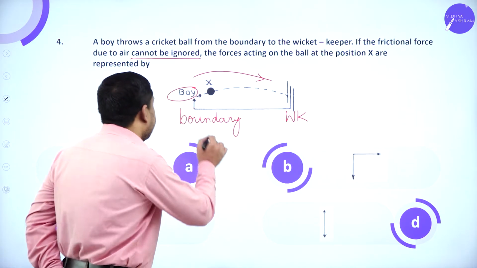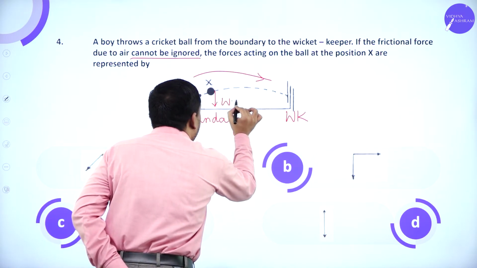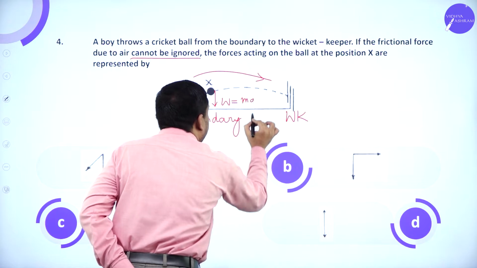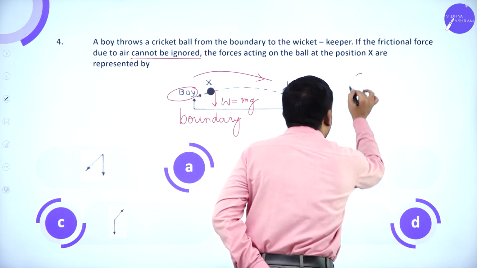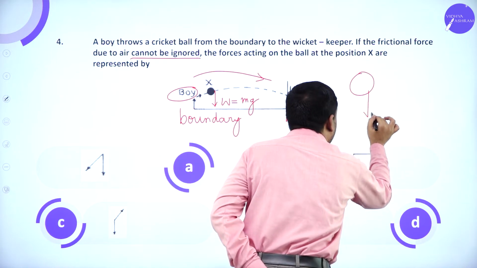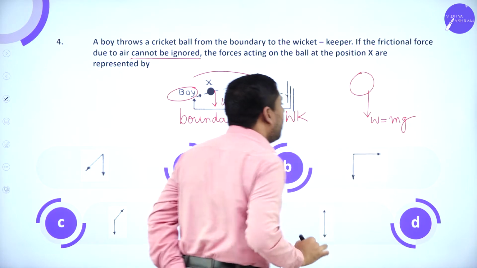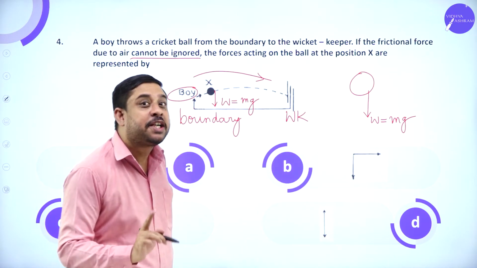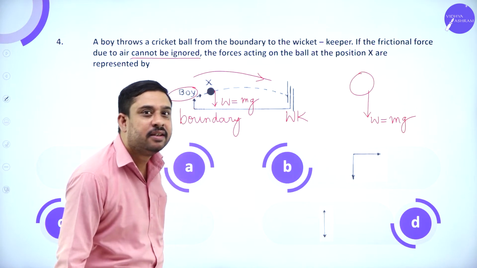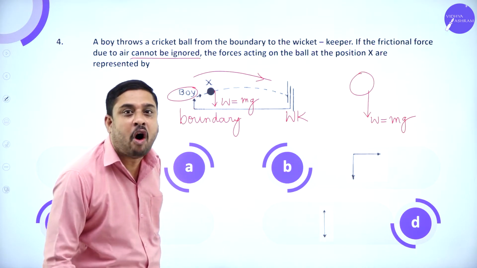Good. Evidently, the first one, the downward force, is the weight of the ball, which is mg. Now, what is friction doing? Opposing the motion of the ball.